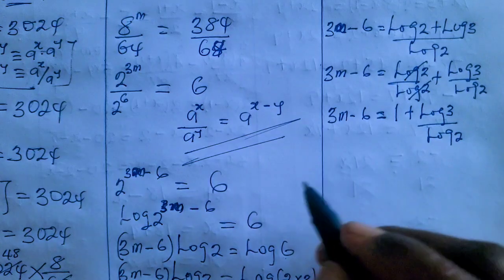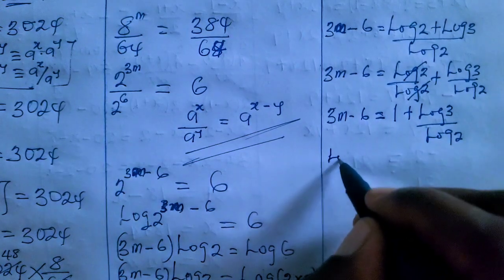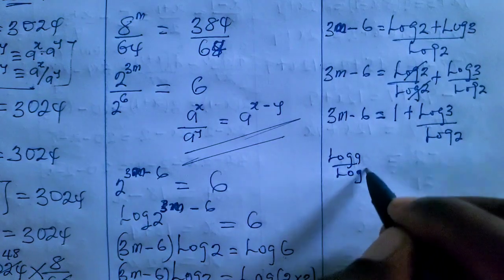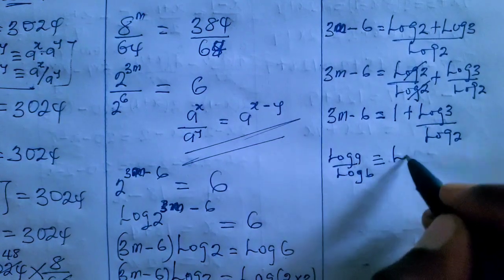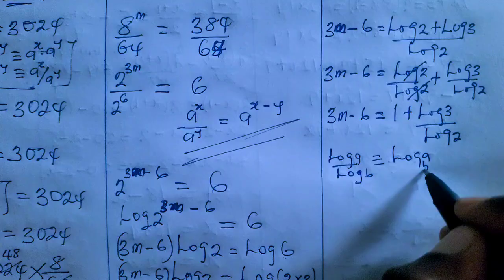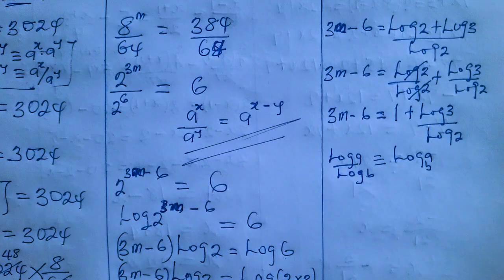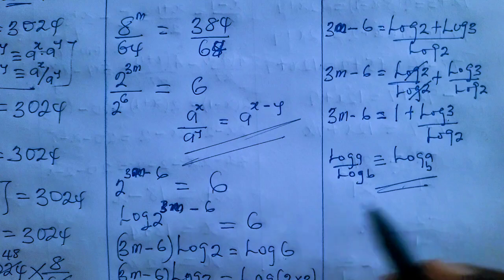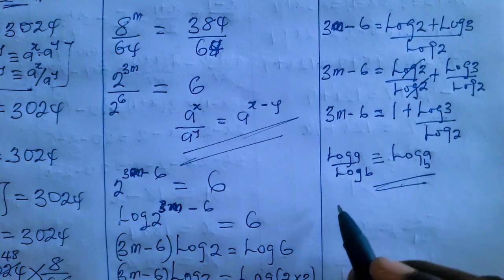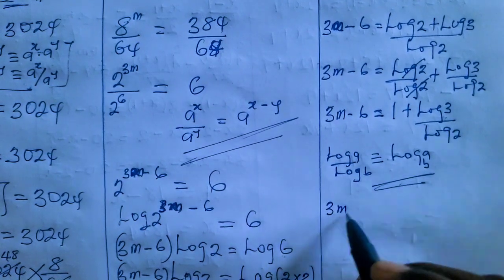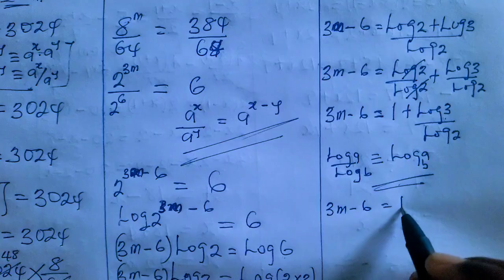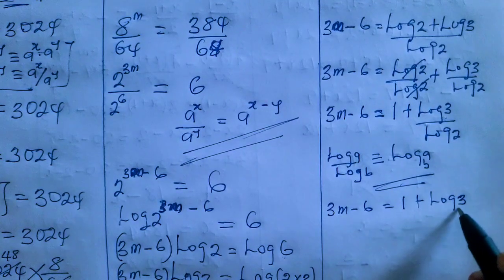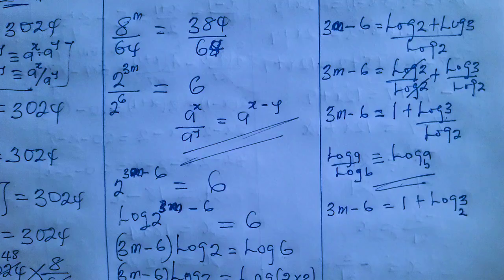And note also that if you have log a all over log b, that is equivalent to log a base b. I'm going to apply this here, and this expression becomes 3m minus 6 equals 1 plus log 3 base 2.